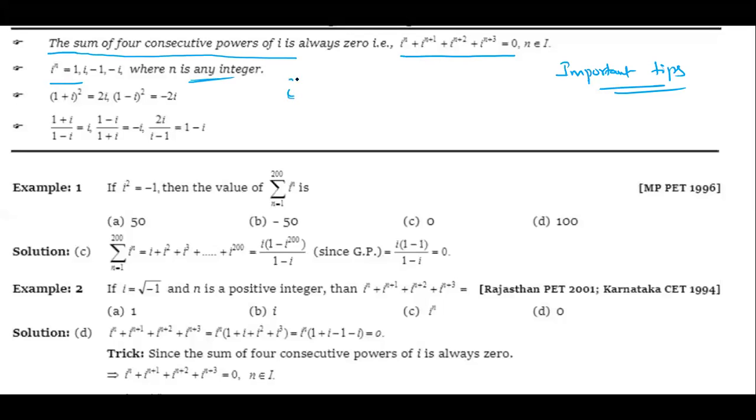Getting my point here? What is the value of i power n? That is 1 is possible, i is possible, minus 1 is possible, minus i is possible, depending on the power of n.